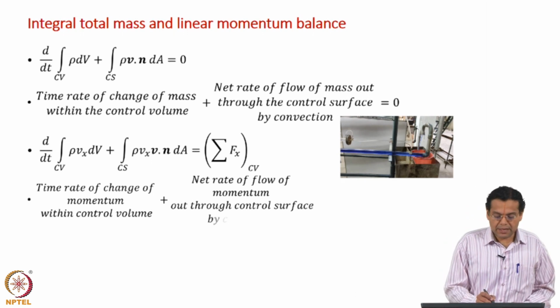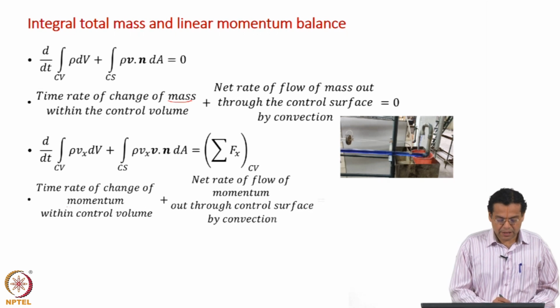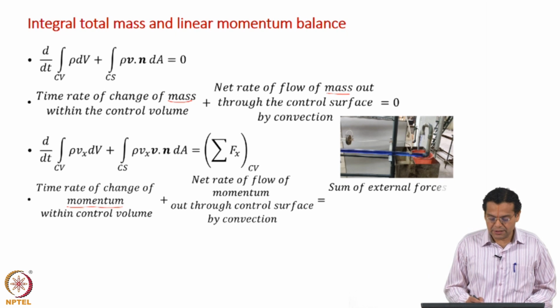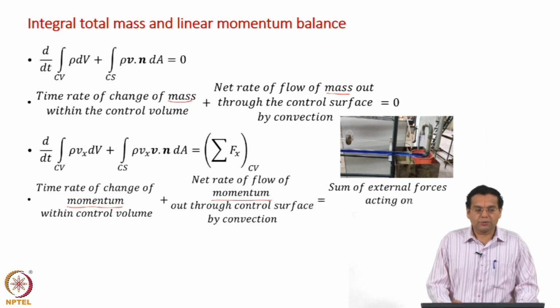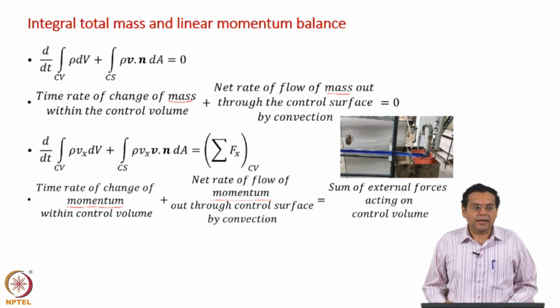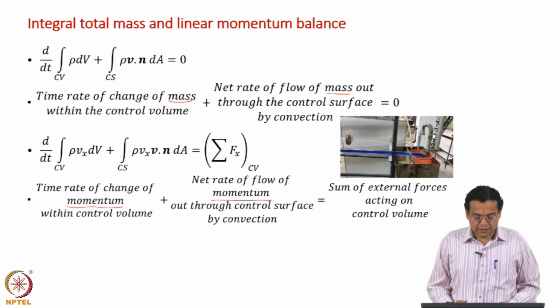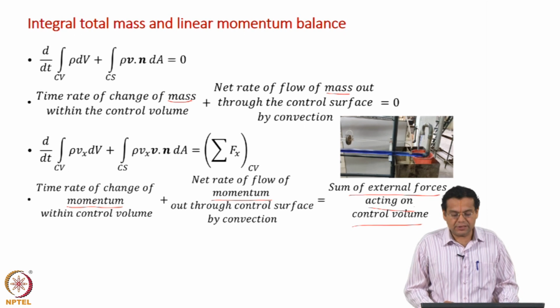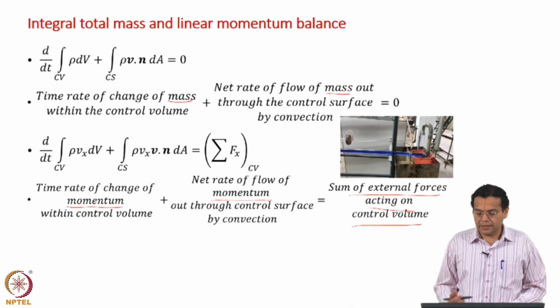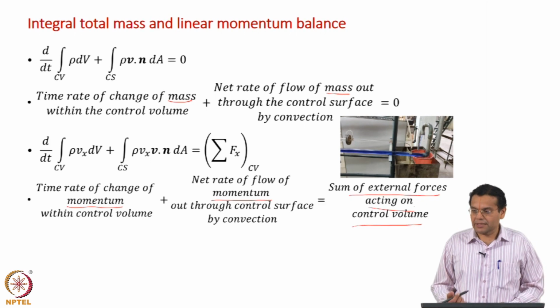You have total mass here, and here you have x momentum. Similarly, mass leaving through the control surface, momentum leaving through the control surface. And on the right hand side, unlike the case of mass balance, we have external forces acting on the contents of the control volume. That is of course a rather big difference. Unlike it was 0 earlier, it is the sum of external forces acting on the control volume.